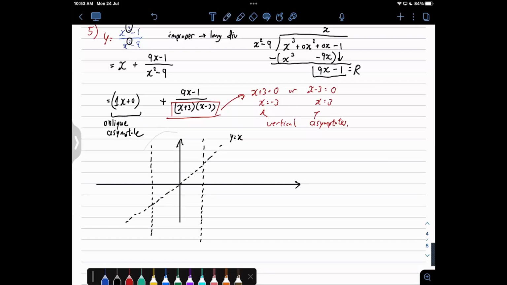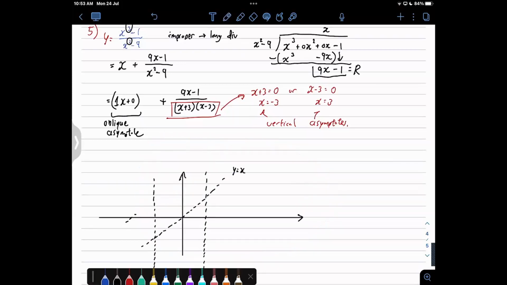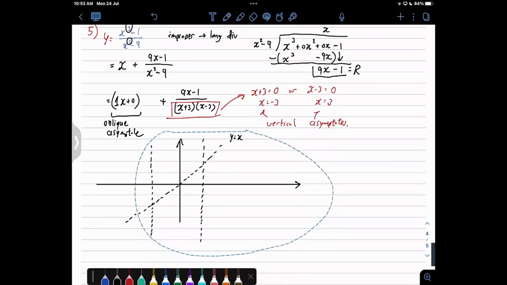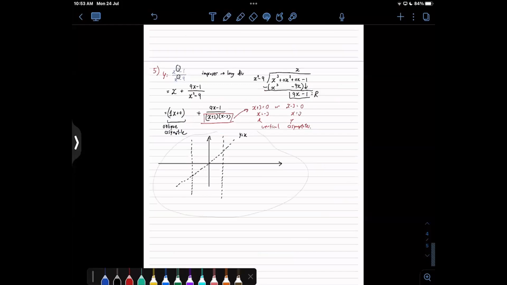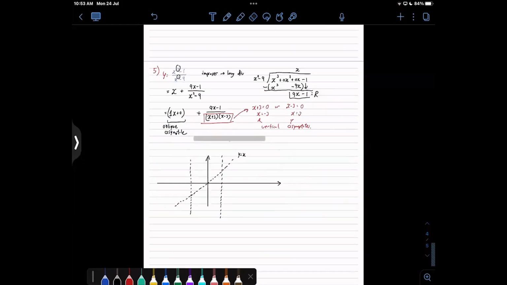I probably need to make the y-axis a bit longer. Okay, good. Then now you just need to plot points.